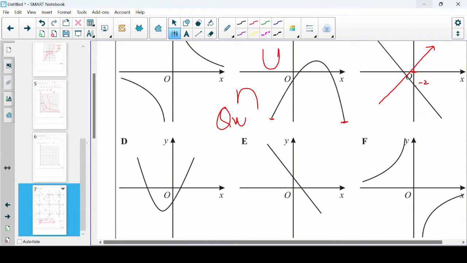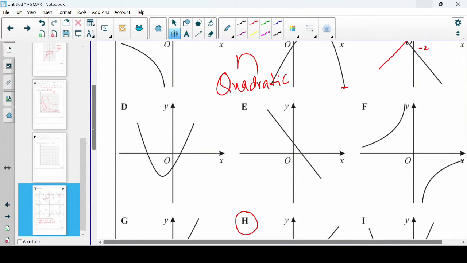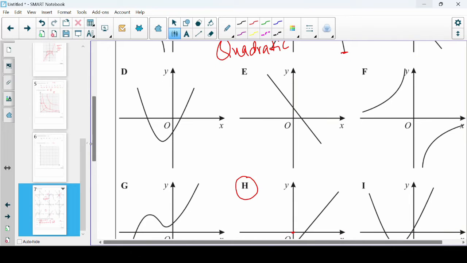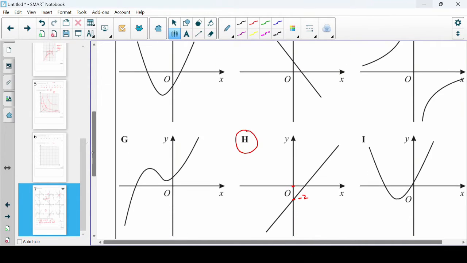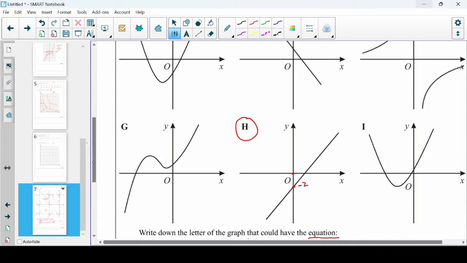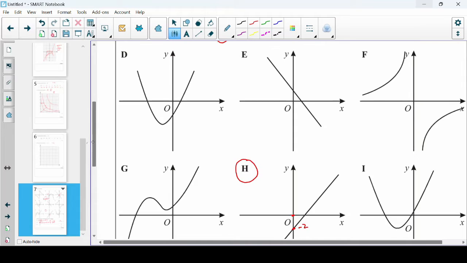These are quadratic graphs, N and U shape. The N shape is a negative one and the U shape is the positive one. So this one is a U shape, a quadratic, but we have to see that it's a positive one. Does it cross the y-axis at negative 3?